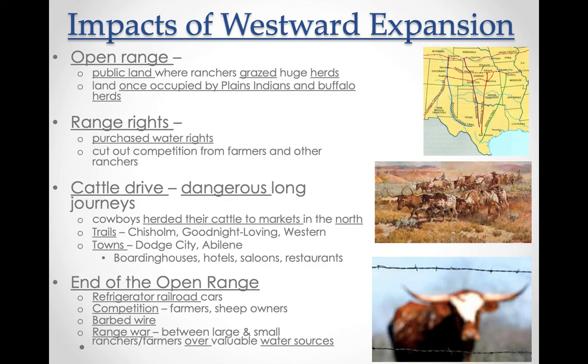As the range wars progressed, more and more small farmers were put out of business, and large farmers began to take over more and more land, leading to larger ranches, larger farms, and increased agricultural production throughout the West. These changes set the stage for the Industrial Revolution of the early 1900s, as we were now able to produce massive amounts of food that could be shipped throughout the country easily to feed the growing populations of American cities.